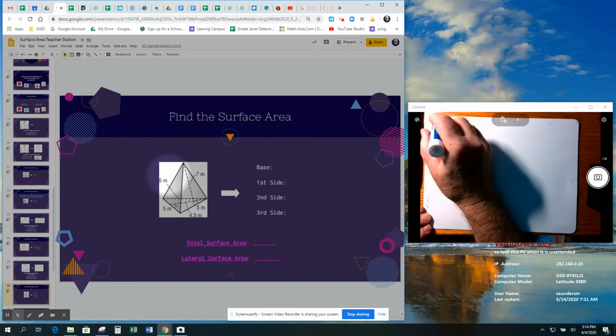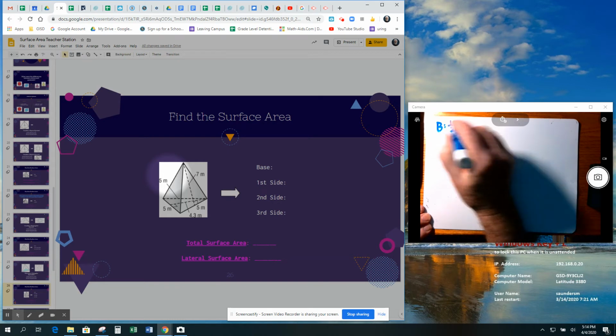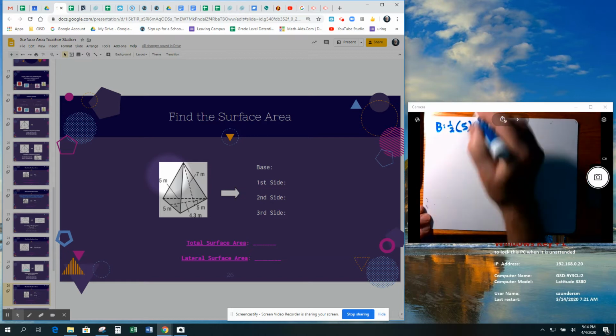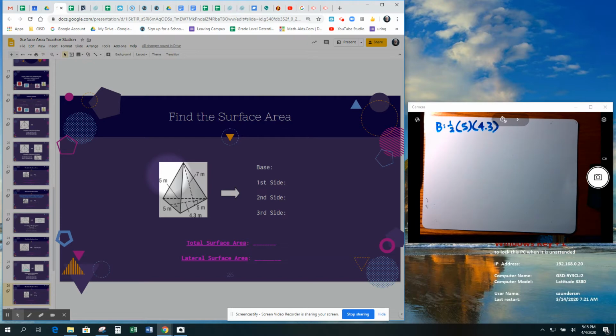And so the area of the base, it's a triangle. So it's 1/2 times its base, which is 5, times height, which is 4.3. I got that right there. So the height of the base triangle, perpendicular from the base to the top of the shape, is 4.3 meters.